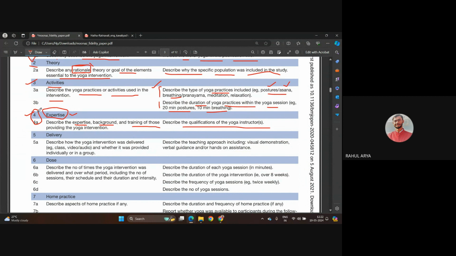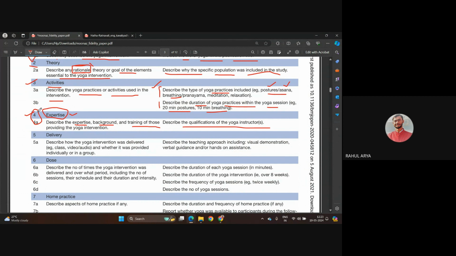Most papers just write that the intervention was given by an expert teacher, but they do not explain what the expertise was, what the instructor's background was, how long his experience is, and what his qualification is. Is he a diploma student, bachelor, master, PhD, or assistant professor?